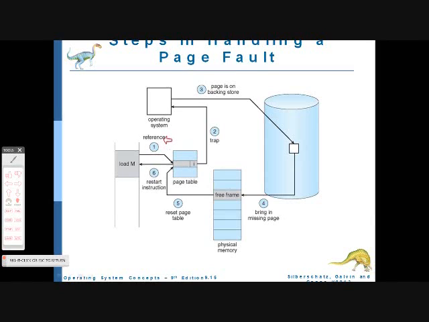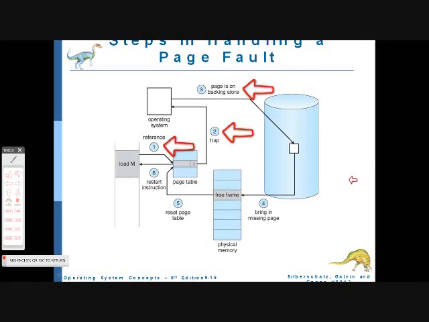So what it does is it triggers a signal, a trap, to the operating system, and then it suggests to the operating system that the page that includes the instruction to be executed by the CPU is not in the random access memory. This means that it's either in the logical address or in the hard disk drive.